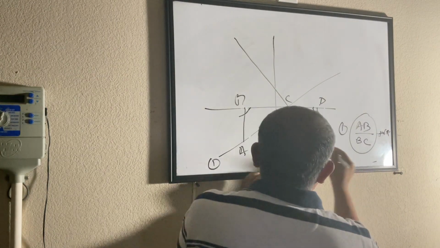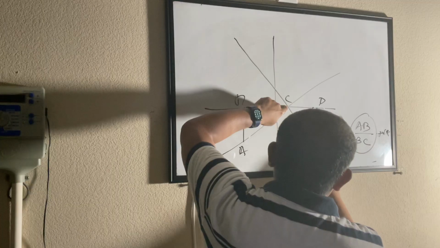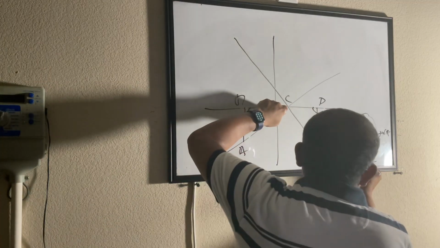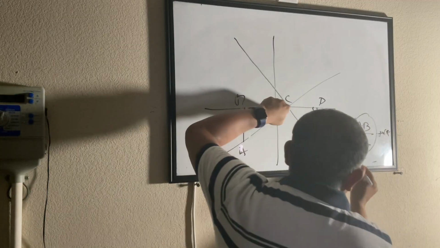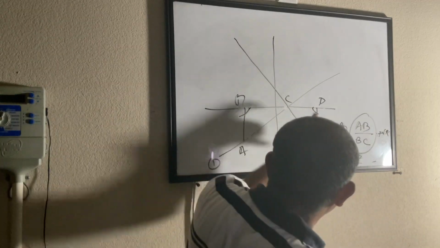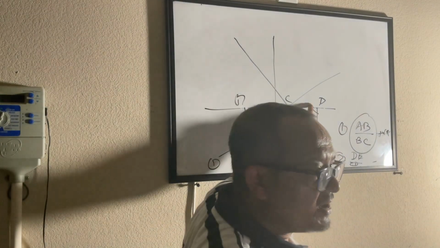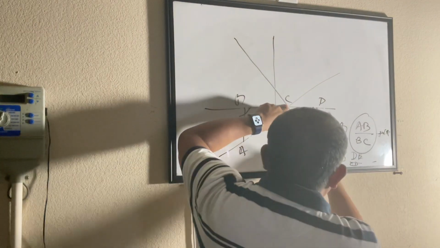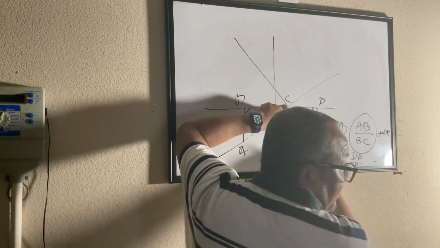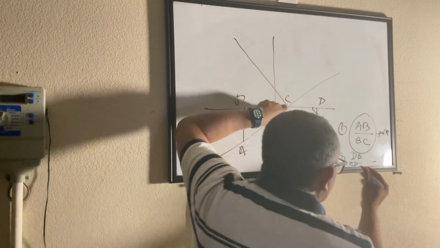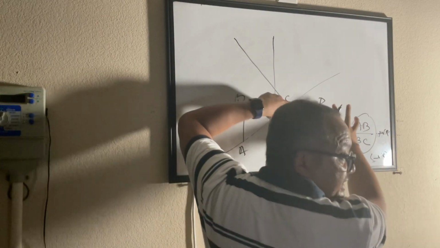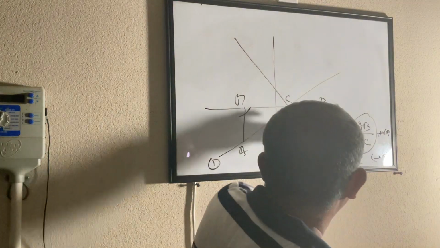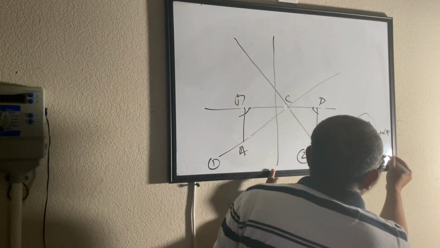And for the second line, what is the slope of this line? Rise over run. Rise is how much? BE. Over run is CD. But here my rise is negative. From this point to this point, my y value is decreasing. It's a negative value. Negative of whatever is the magnitude, BE by CD.